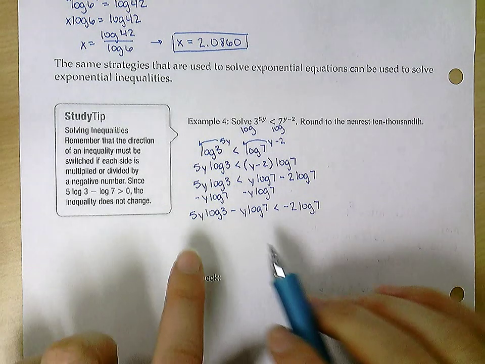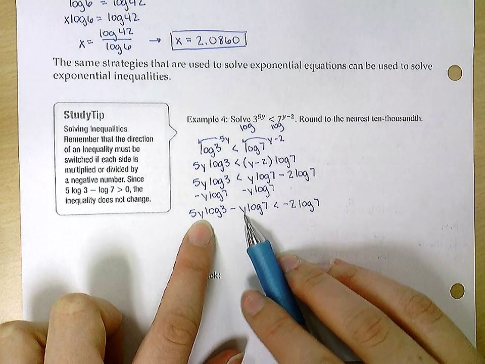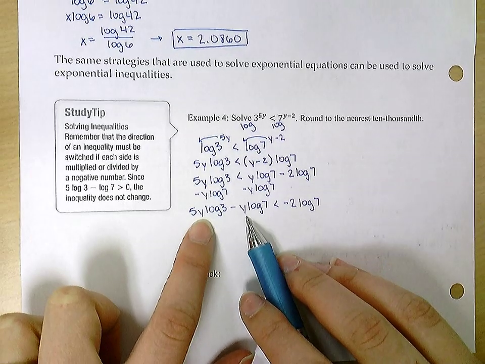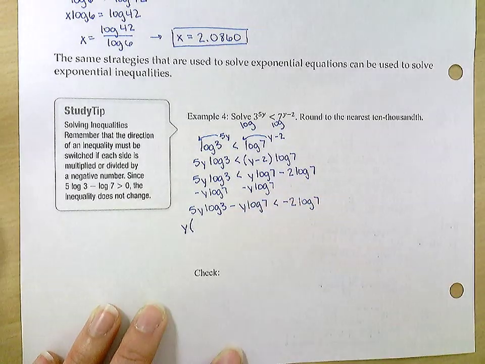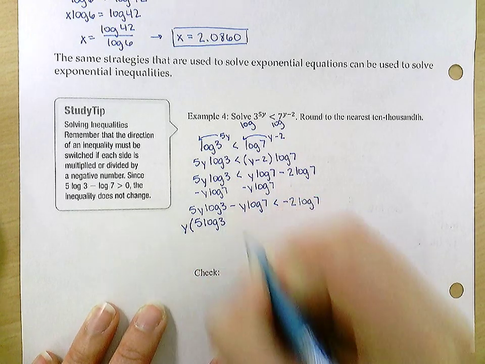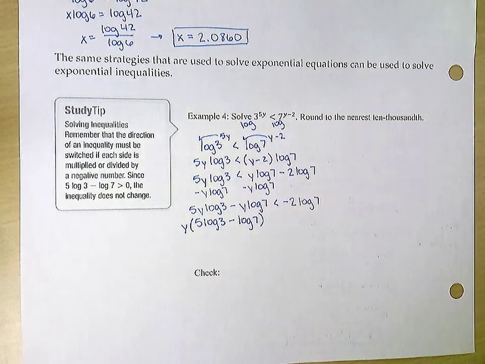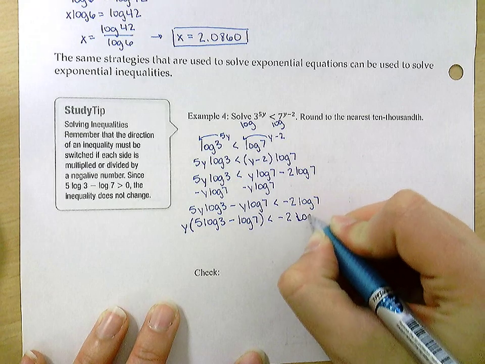Now that I have my y's on the same side, I'm going to factor out that y because I only want one y. Since both of them have a y in common, I can take that y out so that I have y times 5 times the log of 3 minus the log of 7, and that's less than negative 2 log of 7.